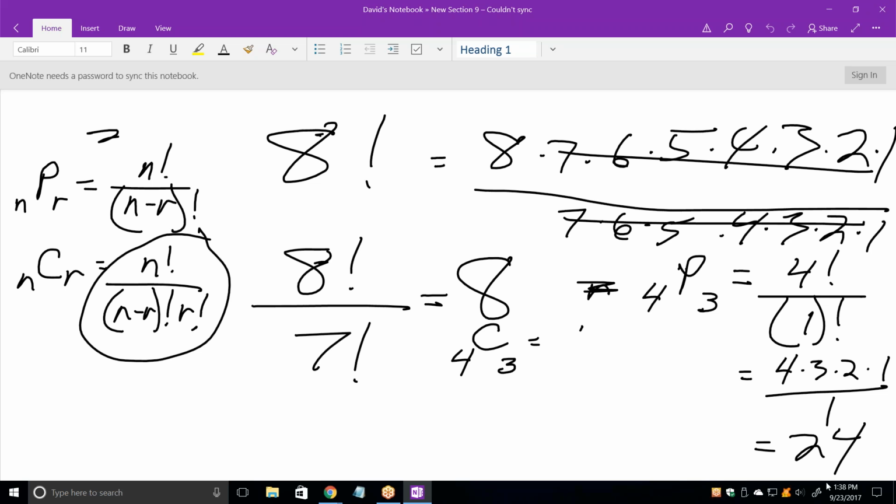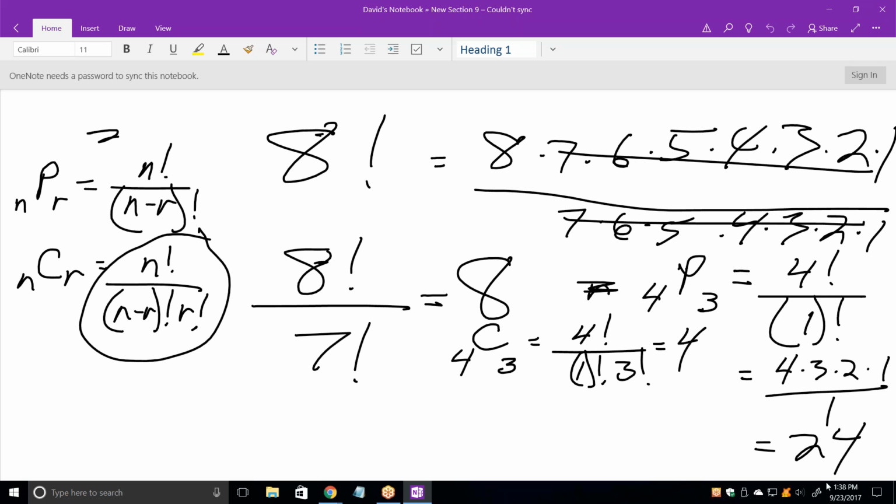Now let's do 4 choose 3. It would be 4 factorial over 4 minus 3 factorial times 3 factorial. Which is 1 factorial times 3 factorial. That's equal to what? 4.